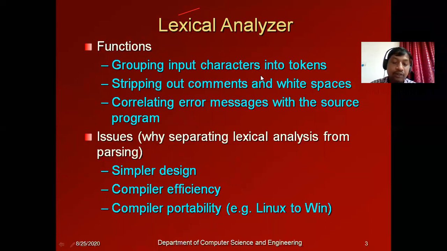So these are the functions. I'm repeating again: grouping input characters into tokens, that is what we call tokenization. Before tokenization, we have to strip out all the comments and white spaces. They are not needed for the translation. And correlating error messages: whenever there is an error, we need to get some input from the compiler, so that we can identify the correct position of the error, then we can rectify it.